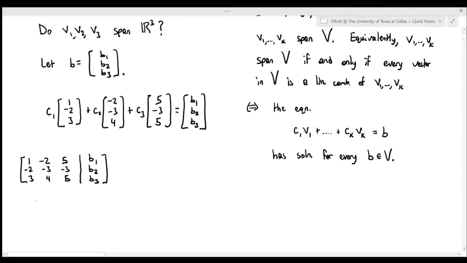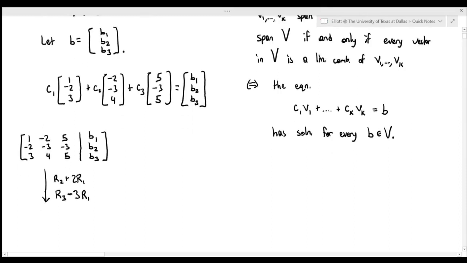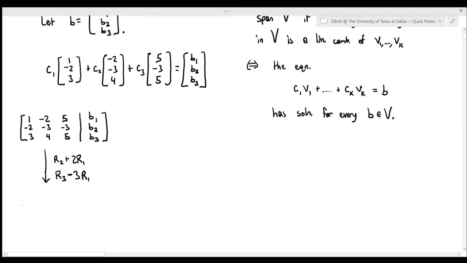I'll start downwards first, doing the standard elimination. So let's do row 2 plus 2 row 1. Let's also do row 3 minus 3 row 1. That will give us 1, 0, 0.